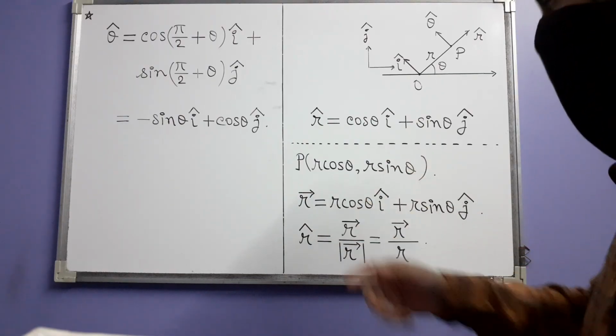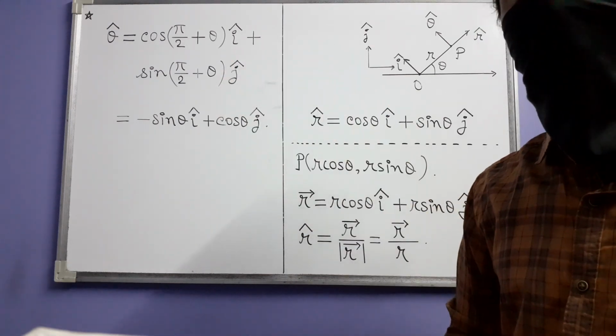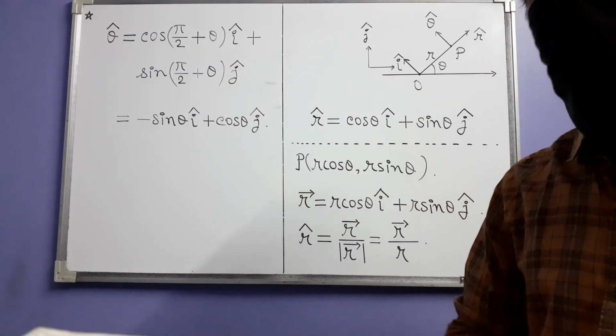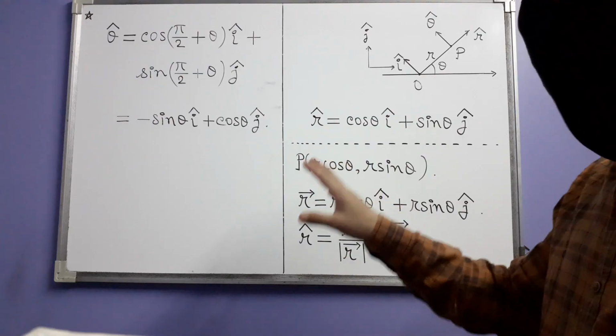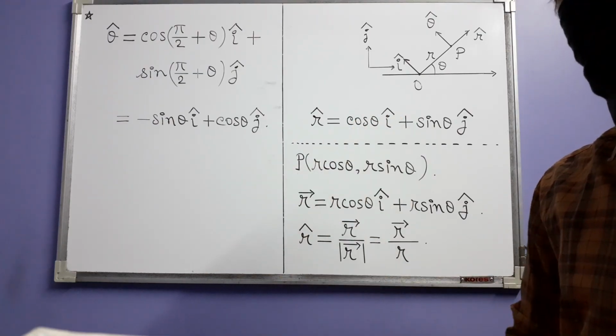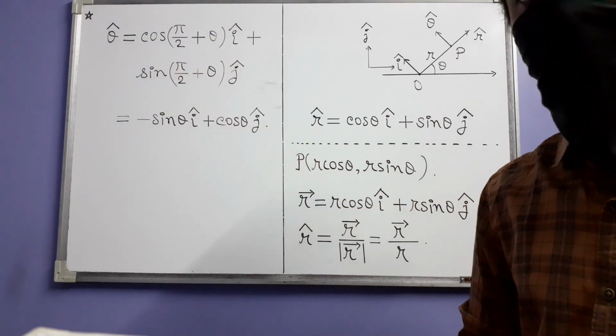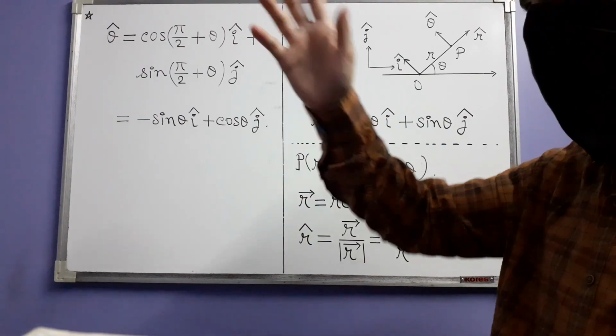Now next what we are going to do is we will find derivatives of these vectors with respect to theta. Why do we do so? That's because we are going to need those derivatives to find out velocity and acceleration of P if P is a particle moving in the plane. P is not moving in space in general.